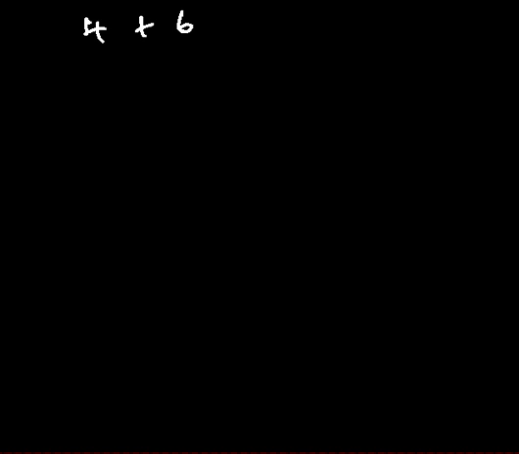Hence, if that is the case, then we have 2 into 4, that is 2, and 2 into 6, that is 3. So in this case, what we have is 2 plus 3.